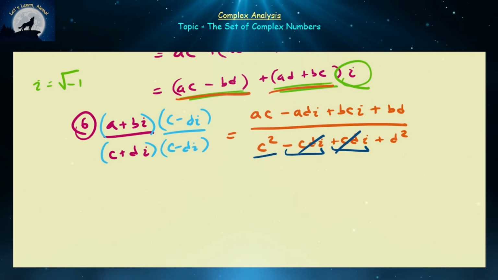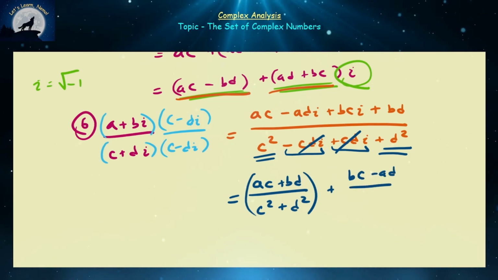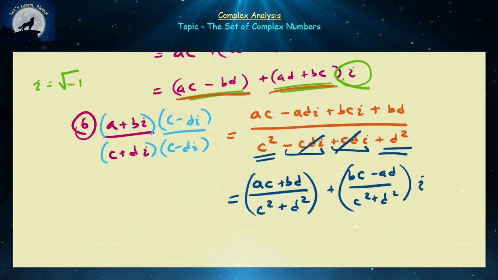We're just left with C squared plus D squared on the bottom, which is just a real number. When we regroup the top in a similar manner as before, we're going to have (AC plus BD) divided by (C squared plus D squared), a real number, and then on the top (BC minus AD) all over (C squared plus D squared), a real number, multiplied by i.